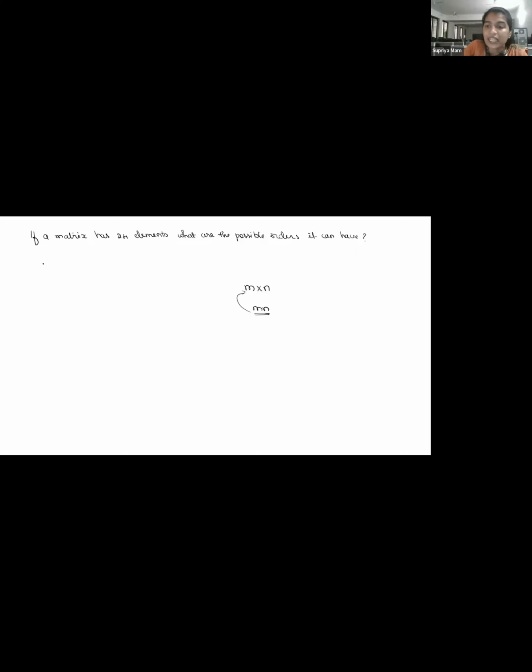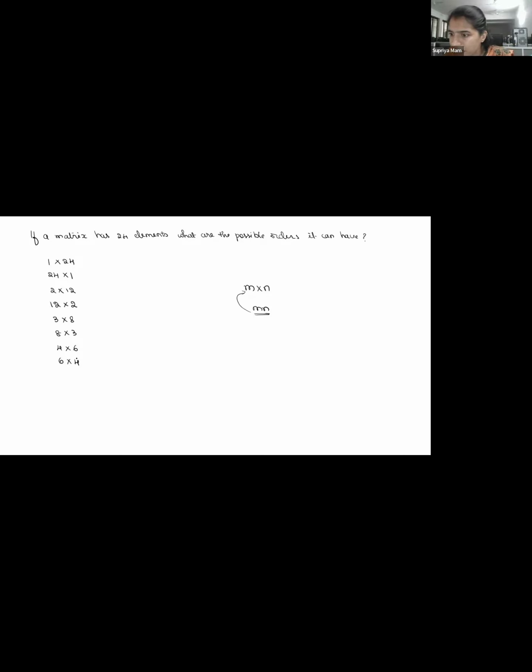So I'll write one by one. 24 can be rewritten as 1 into 24, 24 into 1, 2 into 12, 12 into 2, 3 into 8, 8 into 3, 4 into 6, 6 into 4. No other possibility. How many are there? Yes, there are 8 different ways.